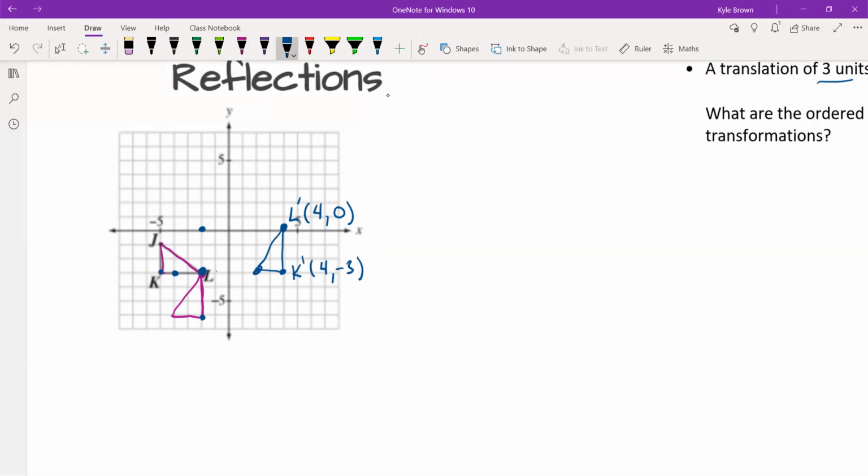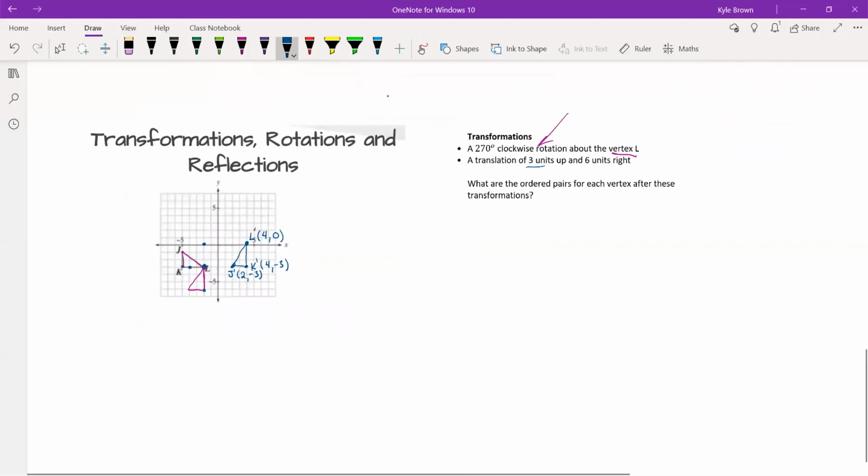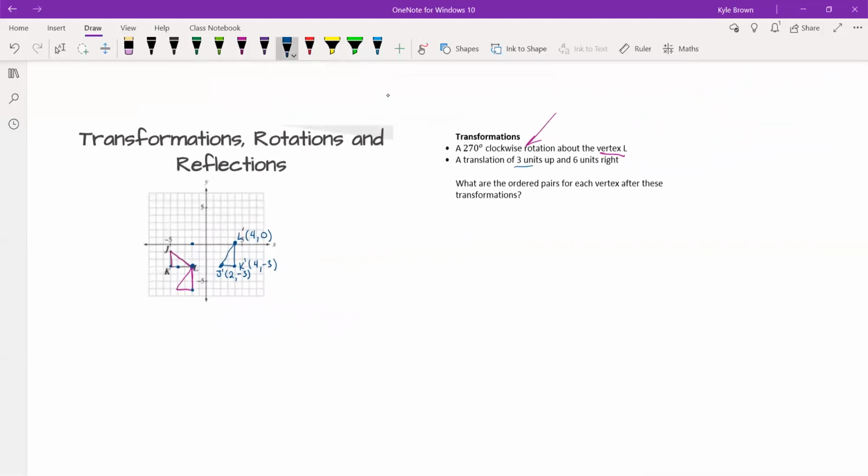Okay. And then this is my J. So I'll say J prime. And that point is over 2. And then down -3. And there you go. All right. So let me double check. I think we went through everything here. Yep, that should be it.